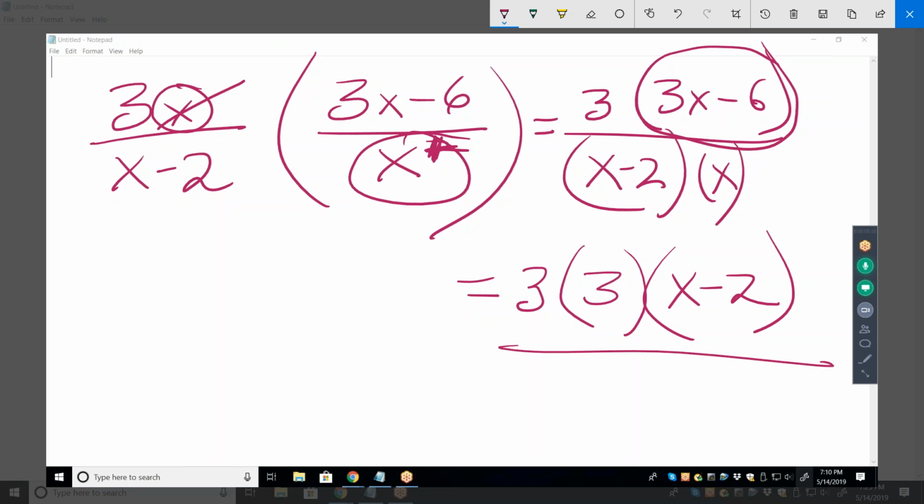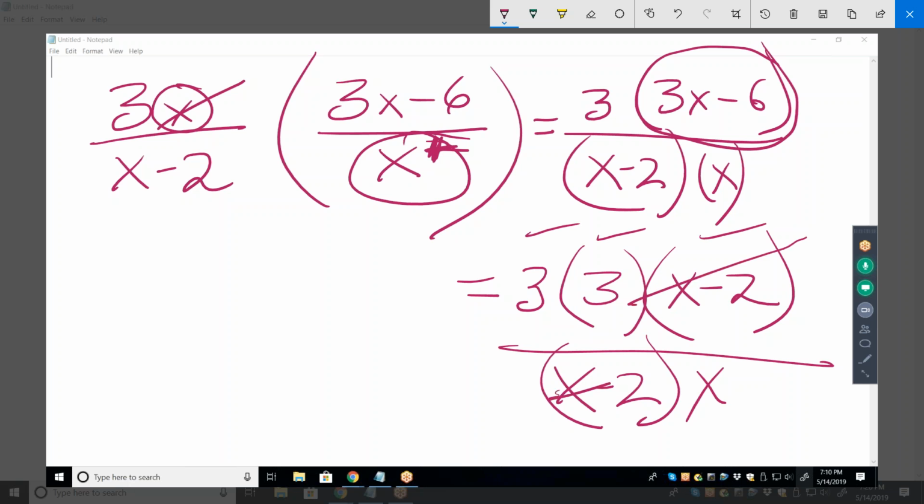And I have an x minus 2 in the bottom, which is wonderful. Now notice, the only reason I can cancel these out is because it's multiplication. I'm multiplying 3 times x minus 2, and in the denominator I'm multiplying x minus 2 times x. So because there's nothing but multiplication, I can cancel that with that. Gives you 9 over x.